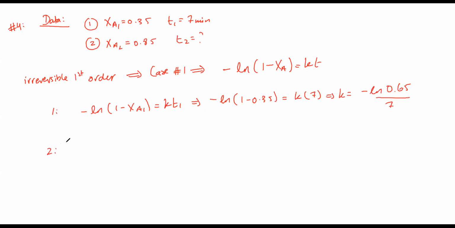I'm going to plug this into the second set. So minus ln 1 minus XA2 is equal to K T2. So this means that T2 is equal to minus ln 1 minus XA2 divided by K. If I plug in these numbers, I'm going to get what?